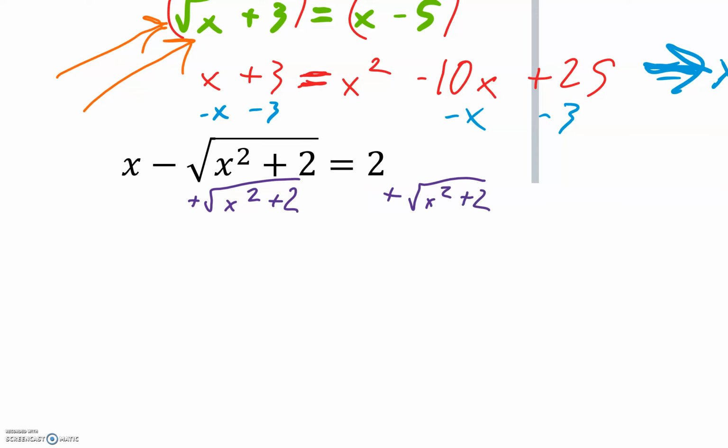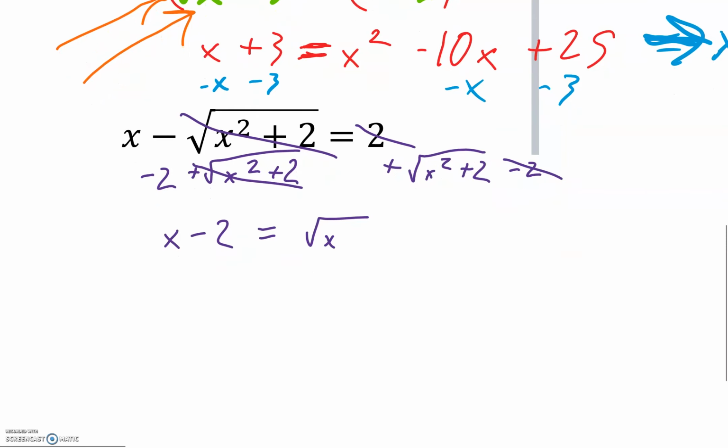That way our negative doesn't mess us up. So minus 2, minus 2. So we've just moved everything over, so that gives us x minus 2 on this side, and a plus x, plus square root of x squared plus 2.